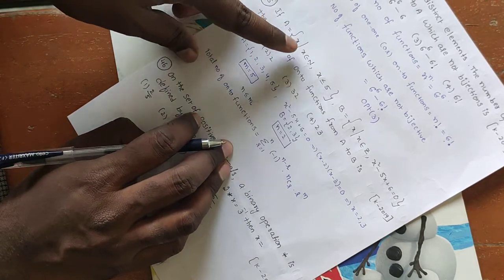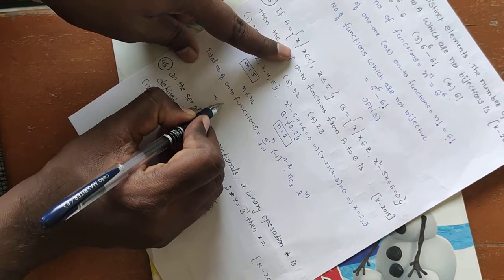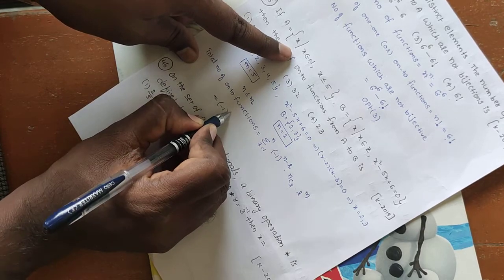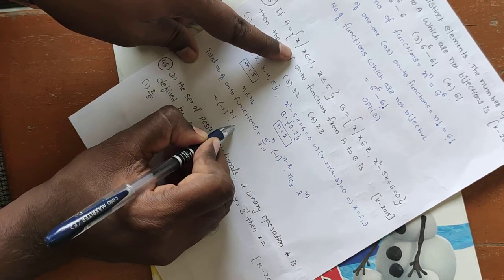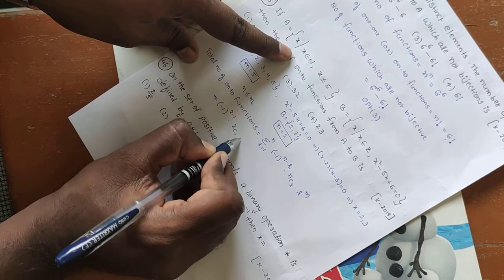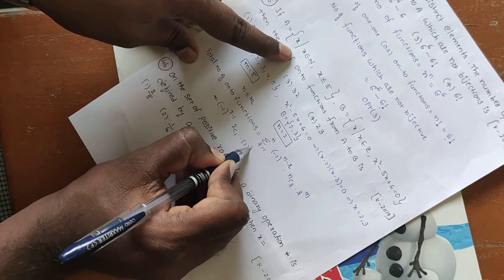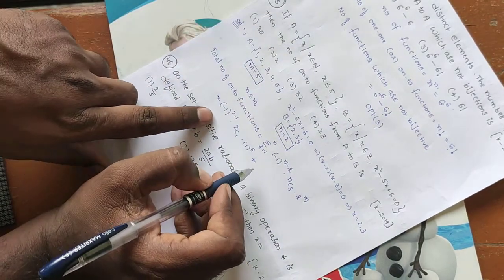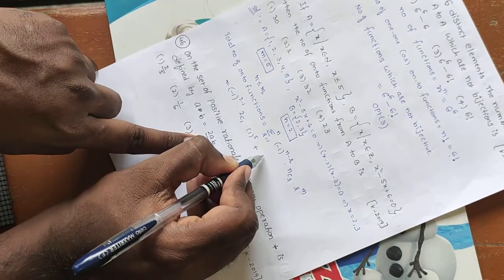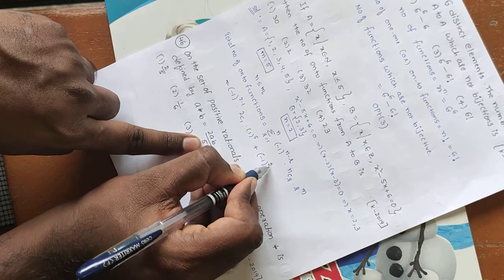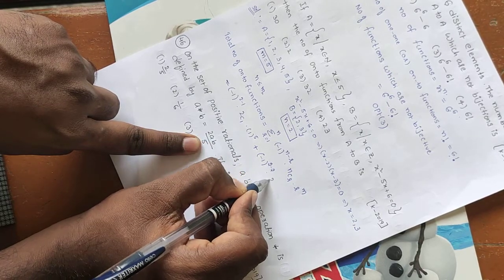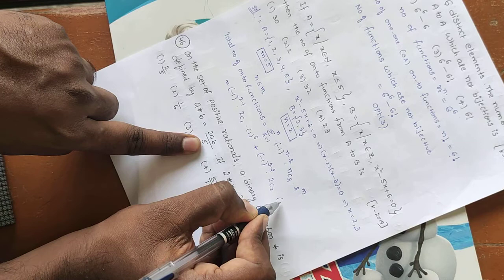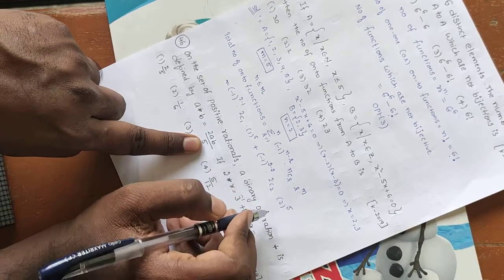First taking r equals 1, minus 1 power 2 minus 1, 2C1 into 1 power 5, plus next taking r equals 2, minus 1 power 2 minus 2, that is 2C2 into 2 power 5.